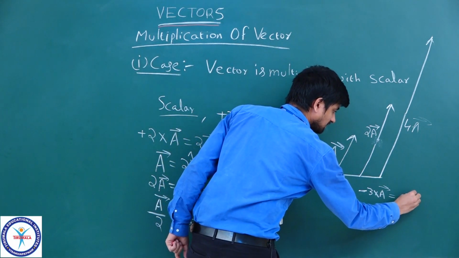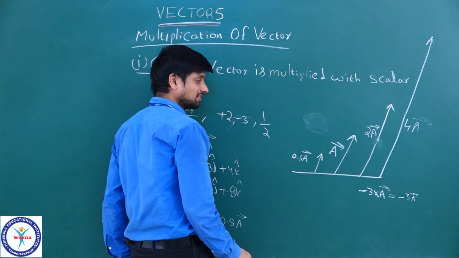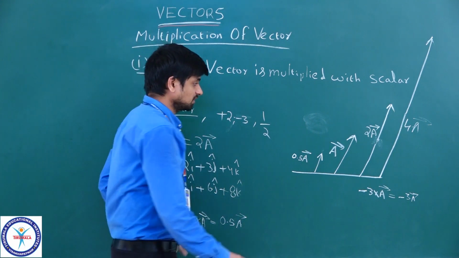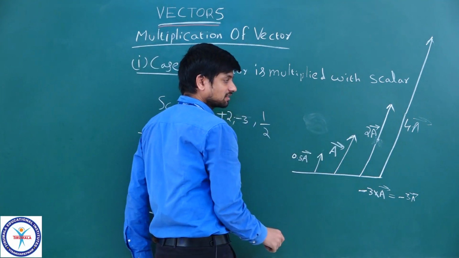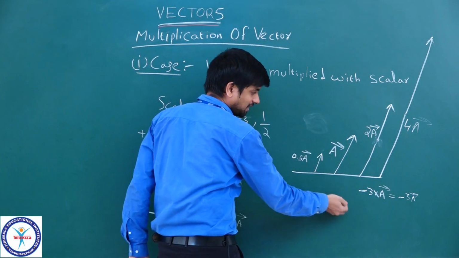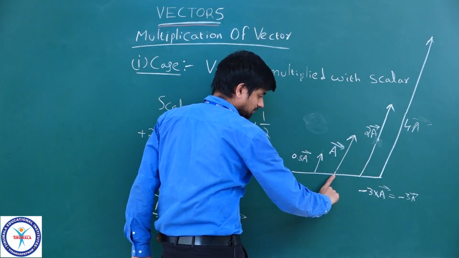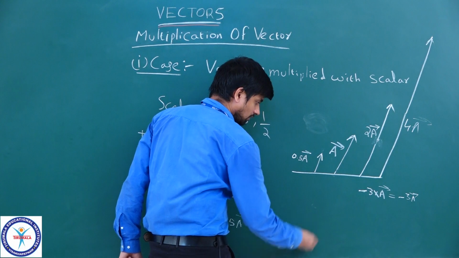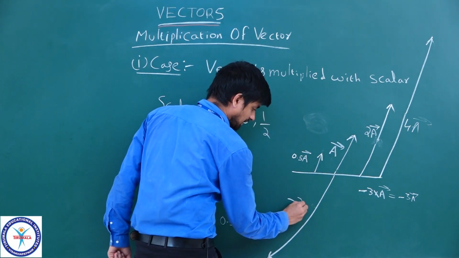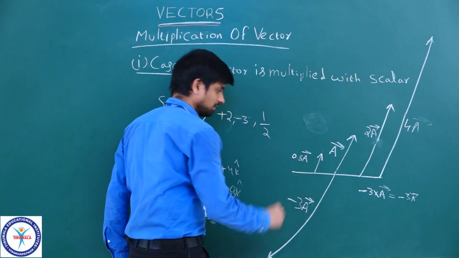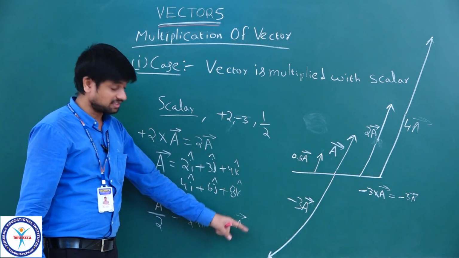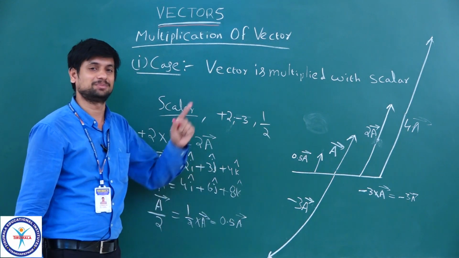So -3a bar, size increases 3 times, but direction is opposite to the original vector. This we are taking as plus for this a. Minus means downwards. Size increases 3 times. So it becomes in this way, -3a bar. Size is increased 3 times, but direction has been changed.